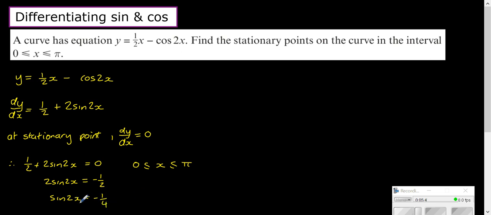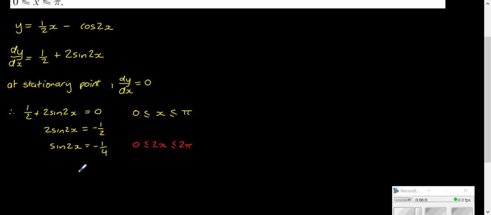We're solving a linear function of x here for the trig equation, so we're going to alter our limits. So our limits are going to change to 2 times 0, which is 0, and 2 times pi, which is 2 pi. And then we check the calculator's working in radians, and we work out our principal value. So our principal value comes out at minus 0.253 to 3 significant figures.